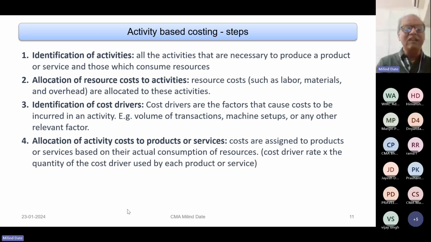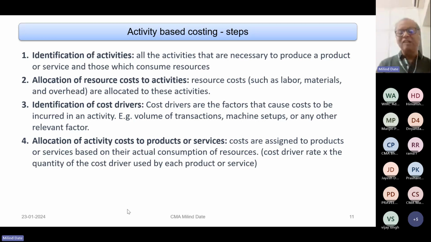So you calculate the cost driver rates: total cost pool monetary value divided by total volume of drivers. That will give you the cost driver rate. And then the quantity of the driver that each product or service uses will be multiplied to find out how much overhead you allocate to that product or service.